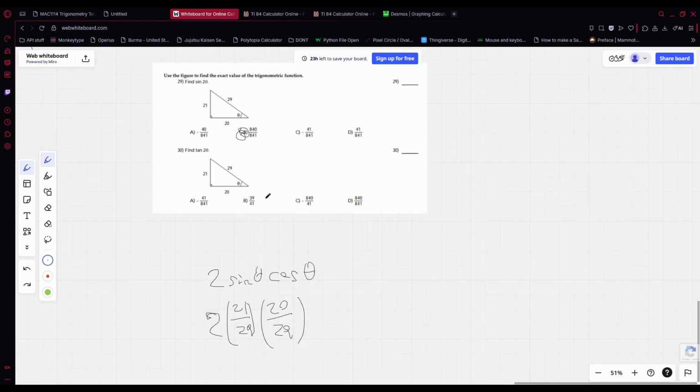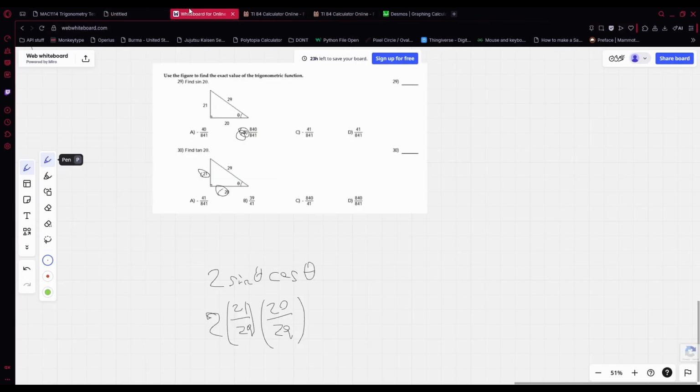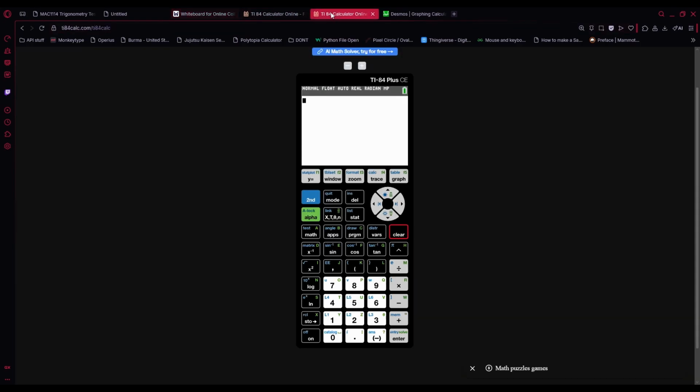Well, all you have to do is just say, okay, if I have this theta and I know all the angles, I can just do the inverse to get the angle, multiply by 2, and then do it again. So I say if tangent theta is equal to 21 over 20, opposite over adjacent, then what if I do inverse tangent 21 over 20?